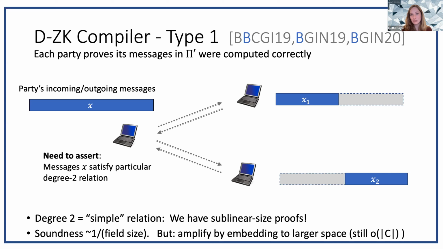So it's going to remain sublinear in the circuit size. Okay, so again, this type 1 compiler had each party individually act as a prover to the other parties to prove that its actions were done honestly. And of course everybody can prove in parallel.